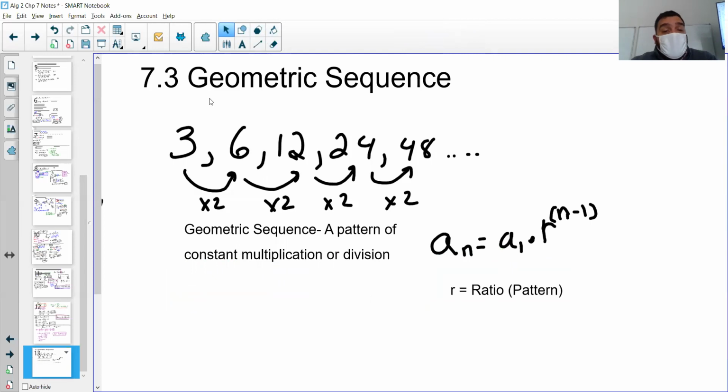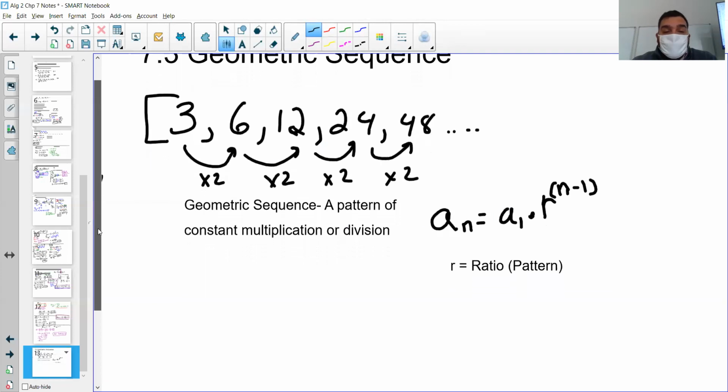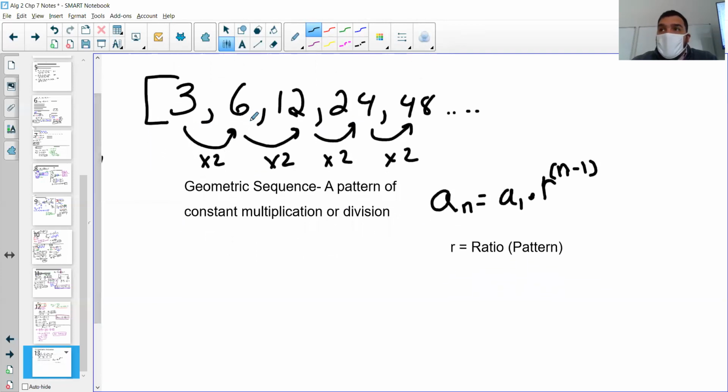So let's take this pattern and turn it into the equation. 3 is my first term, so that's going to be my A1. AN is going to stay a variable.